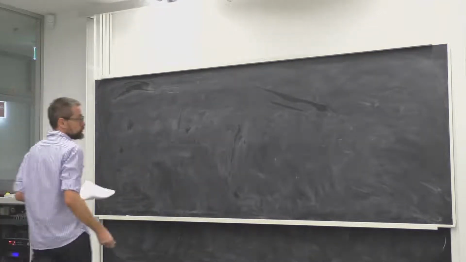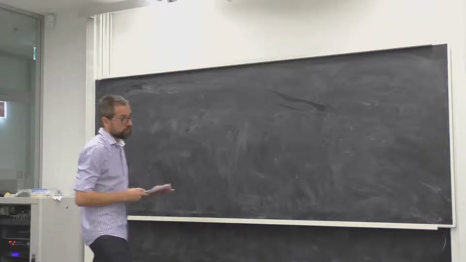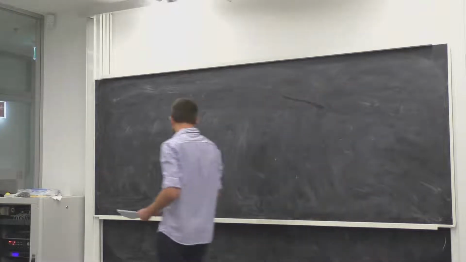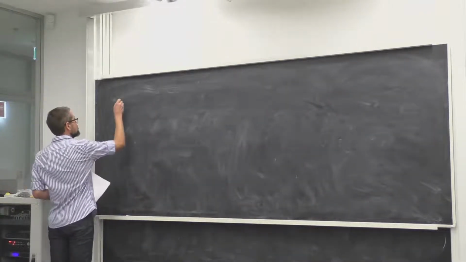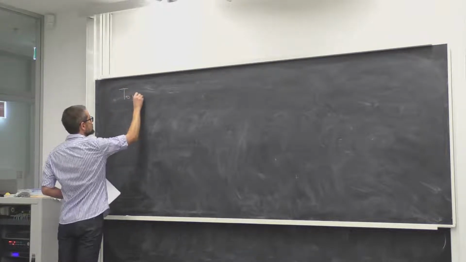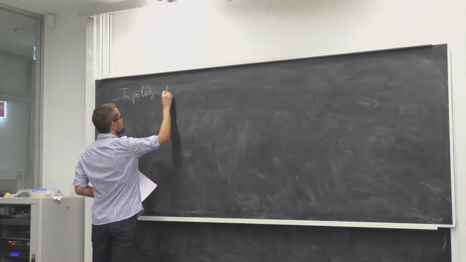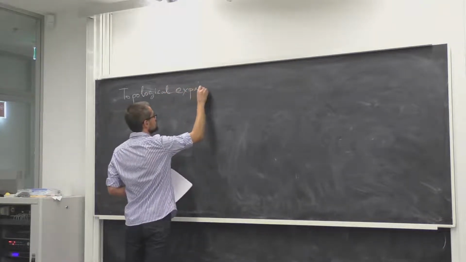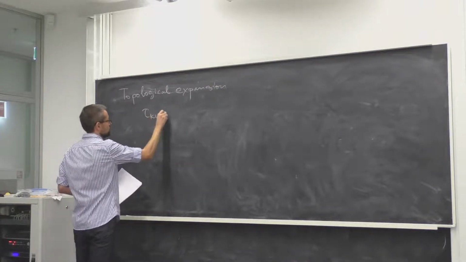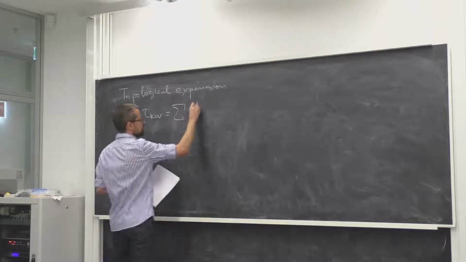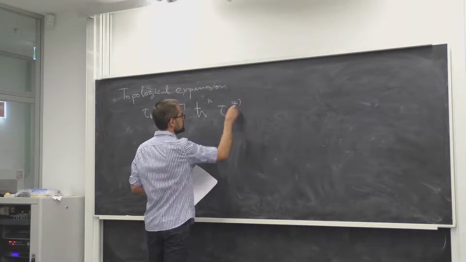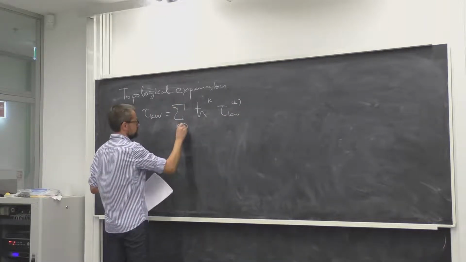And so we have this expression, and we can find the coefficients of the expansion of the tau function recursively. We expand tau as a series in h bar to the power k, k starting from 0 to infinity.